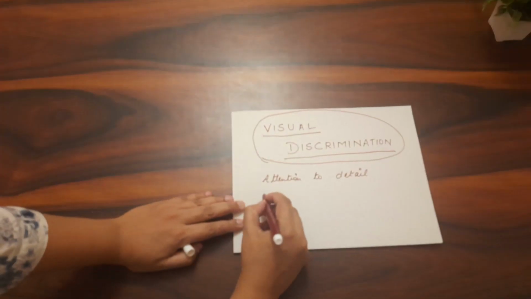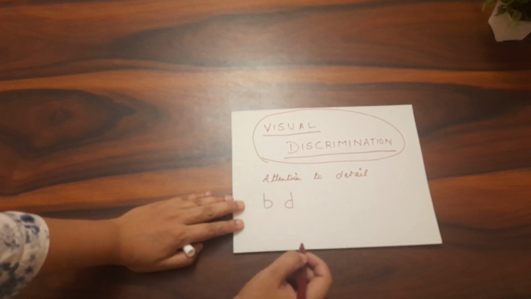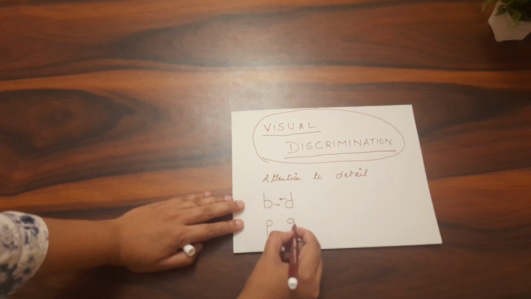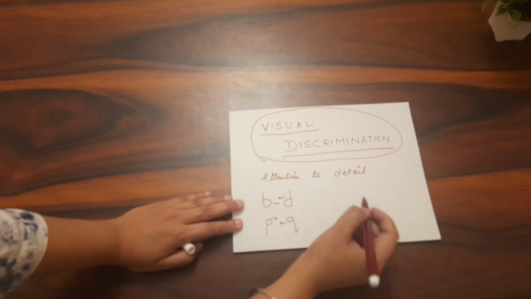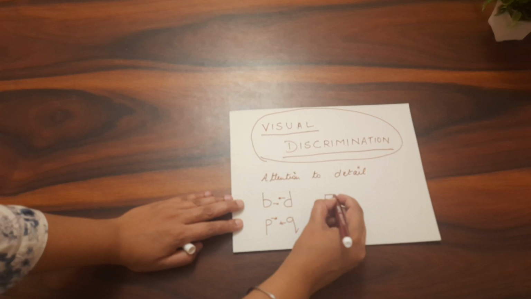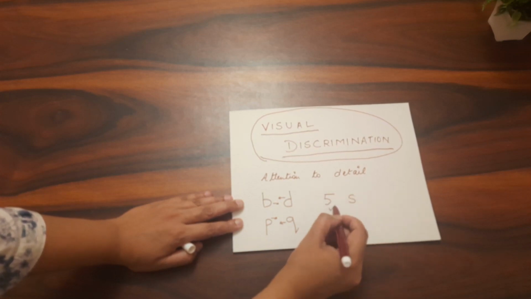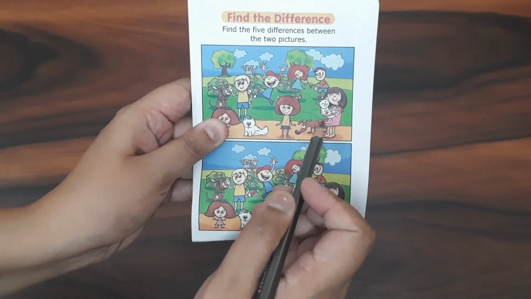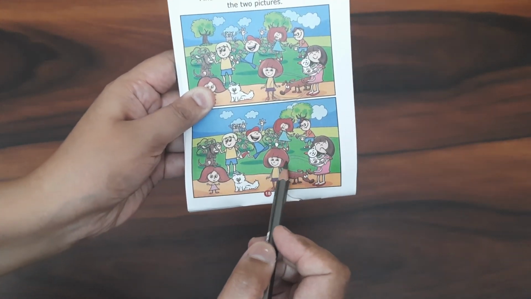When children during writing have to figure out which of these is small b and small d, which one is small p or small q, or even differentiating between the number 5 and the alphabet S is based on our visual discrimination skills. So similar words or any kind of differences in pictures, all of these skills which are utilized in reading, writing, maths, or even following maps is visual discrimination.